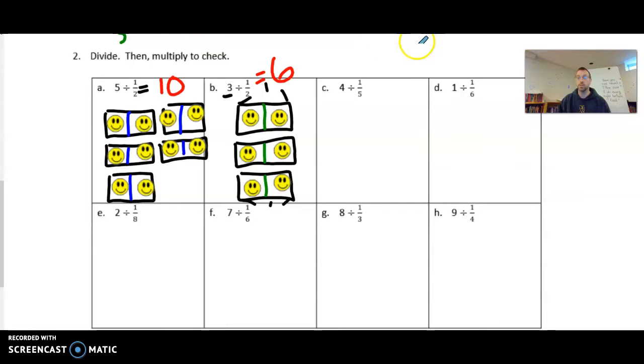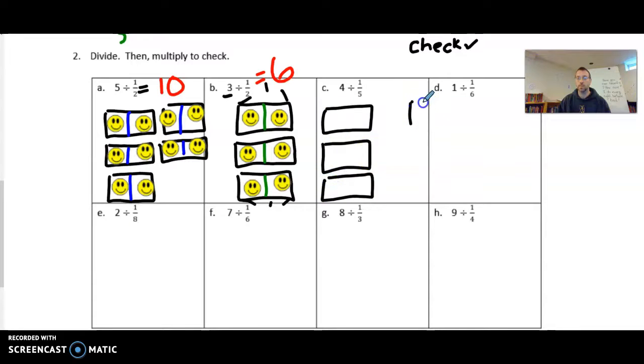Well, actually, we probably should check this problem out to make sure it works anyway, so we'll do that too. If you were thinking 4 candy bars or 4 models, you are certainly correct. I'm going to draw 4 of them. And if you're like me and you run out of space, well, you come over to letter D. We're not going to do D right now. I'm going to label them as well. 1 wholes.